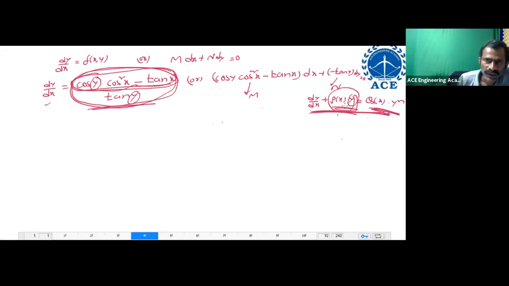Next, we have the other type of non-linear. We check whether the given equation is in that form or not.